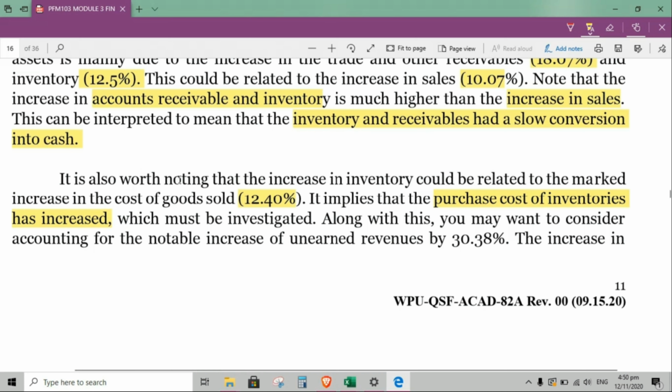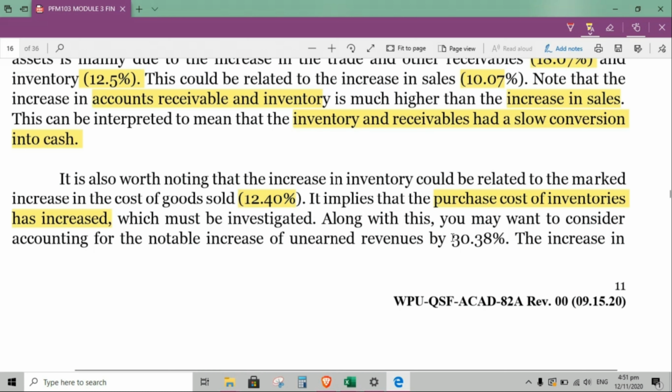Pag bibili tayo, magkakaroon talaga tayo ng stocks. Diba? So, nung bumili ka, nagkaroon ka ng stocks. At nung bumili ka, gumastos ka. So, andun yung cost. Okay? So, bakit kailangan nating titignan yan? Purchase cost. Yan, diba? Questionable siya eh. So, kailangan siya i-investigate.